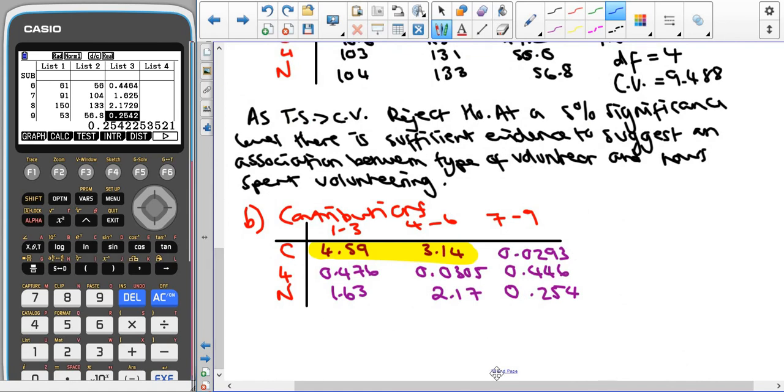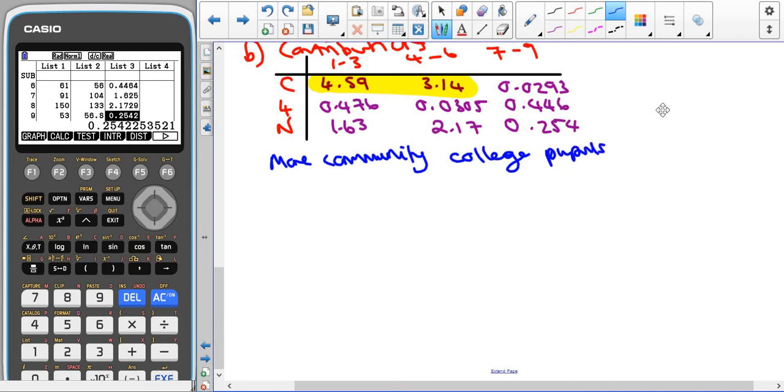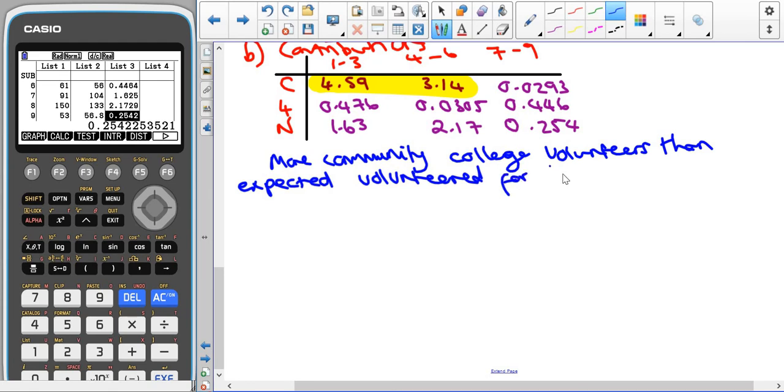So more than expected, or more community volunteers, sorry, than expected volunteered for 1 to 3 hours. Again, maybe due to time constraints.